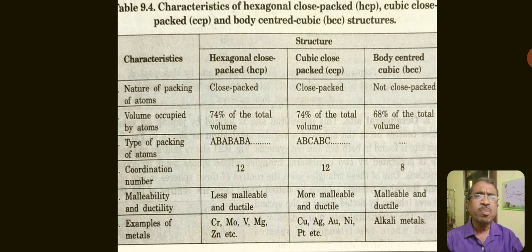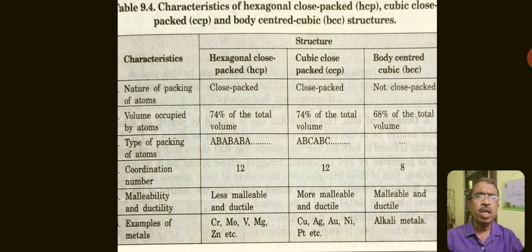In hexagonal close packed, the packing in each level is of AB type, whereas in cubic close packed it is ABC type of packing. However, this you don't find in body centered cubic lattice.